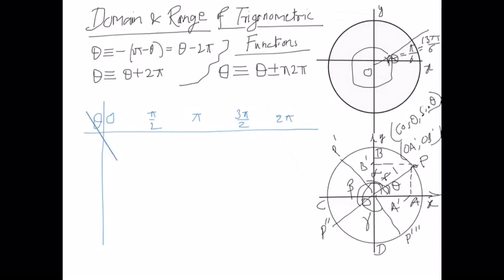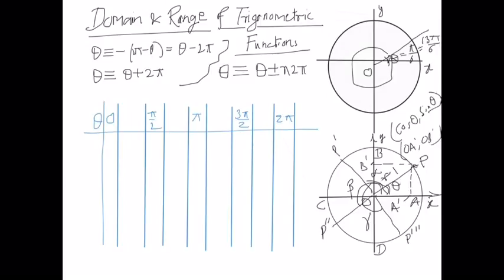And let us now demarcate these columns by these vertical lines. So we have these columns for particular values of theta, and we can see that between each successive pair of those theta values, we have a full quadrant. So when theta goes from 0 to pi by 2, we have quadrant 1.